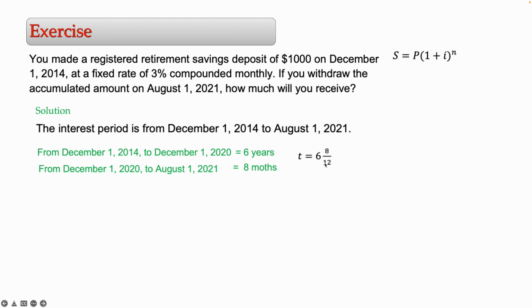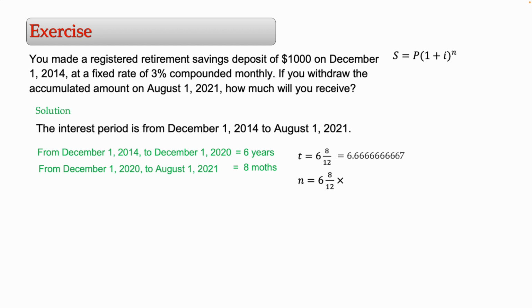Or you can divide 8 divided by 12, that is 0.666666666, and then type that t is equal to 6.6666666. I'm using all the decimals in my calculator. If you decide to use decimals, try to use all the decimals in your calculator so you don't get an error of rounding at the end.